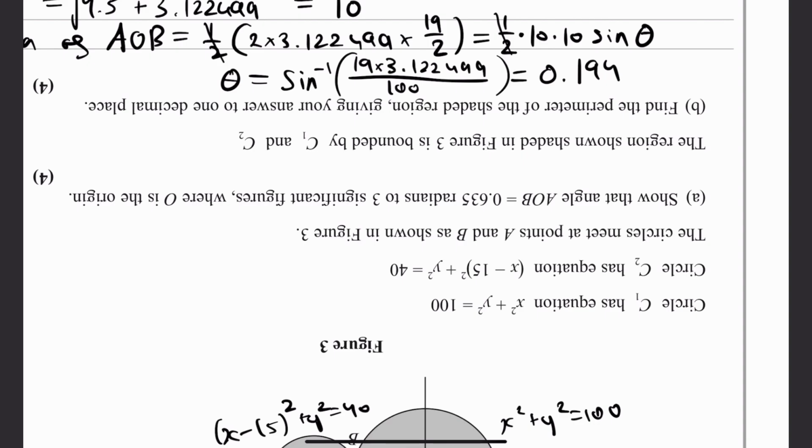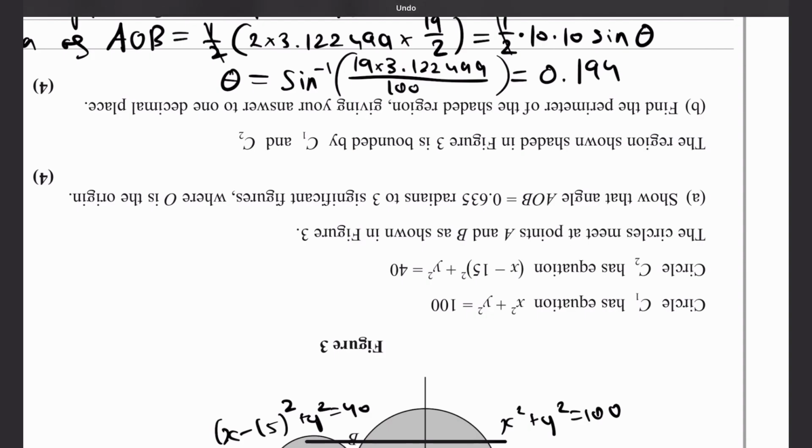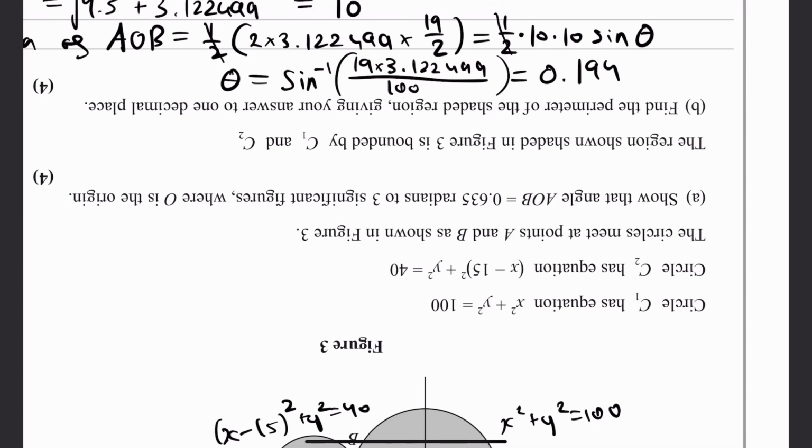Let's make sure I put it all in. Oh, I believe I've made a mistake. Okay, this is good. I made a mistake while putting it into my calculator. I put 19.3 when it was actually meant to be 19 times 3.1. Okay, there we go. And we do get 0.635.